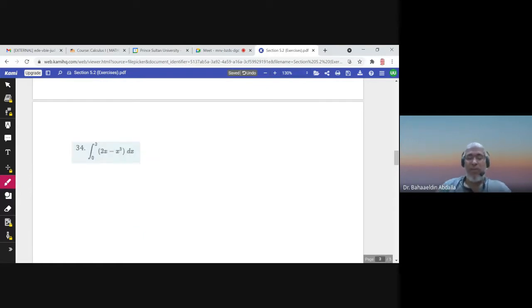correct. Another example, similar to our example. Delta x is 2 minus 0 over n, x_i has the formula a plus delta x times i. Now f of x_i, the function, this is the function now.